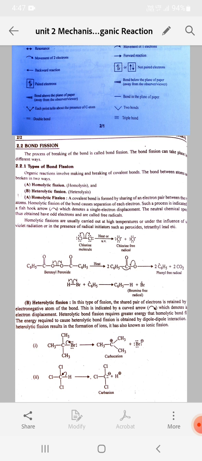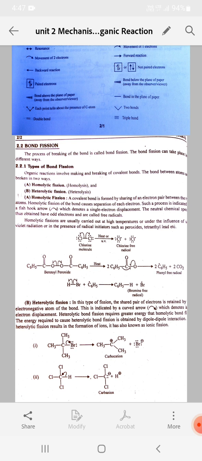The neutral chemical species thus obtained, having an odd electron, are called free radicals. Homolytic fission is usually carried out at high temperature, under the influence of ultraviolet radiation, or in the presence of radical initiators such as peroxide, tetramethyl lead, etc.